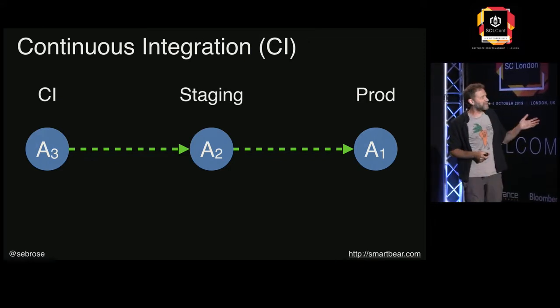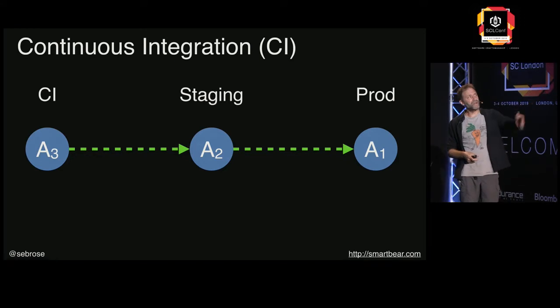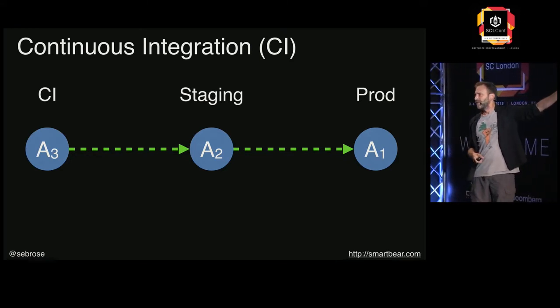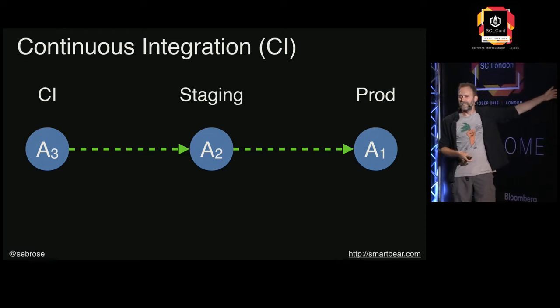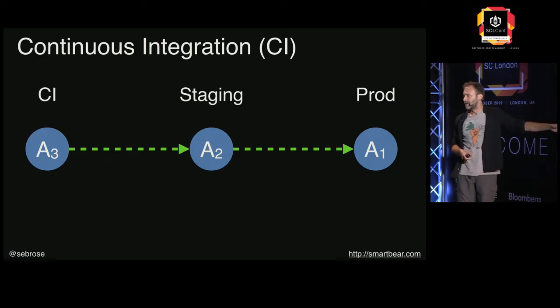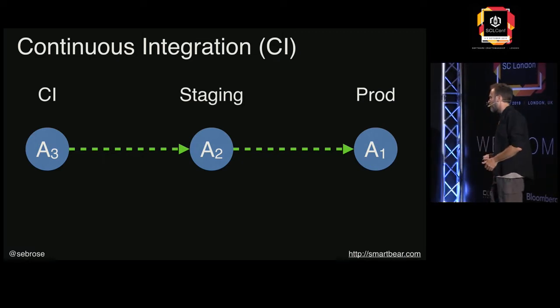And what this diagram is basically saying is that there'll be a version of component A in production. There may well be a different version in staging, and yet another version that you're currently working on and it's being checked in to your source control system.